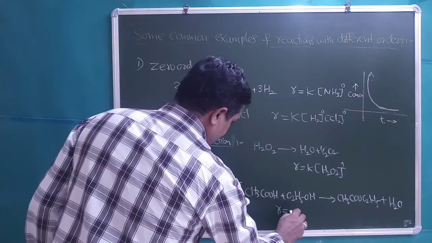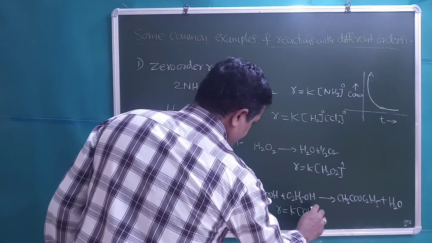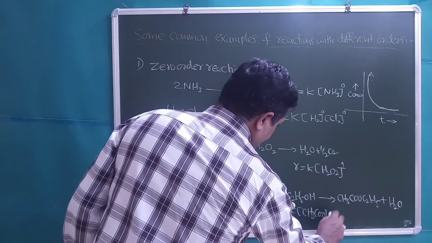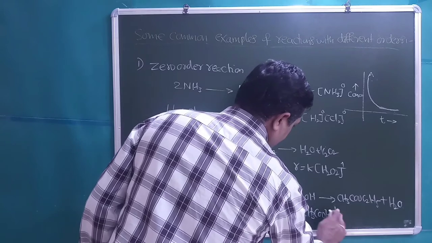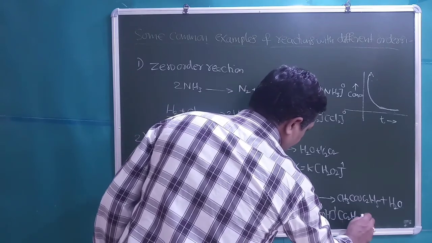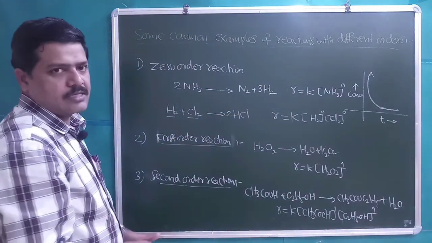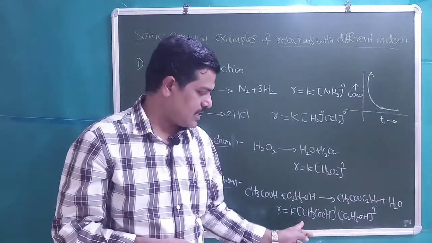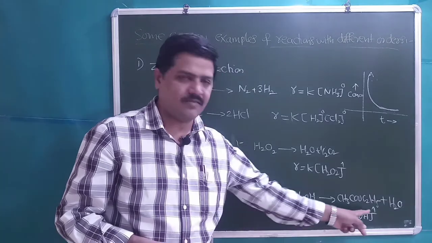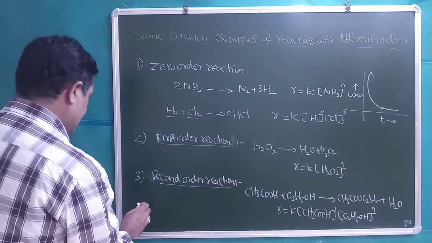Here rate is equal to K multiplied by CH3COOH power 1 and C2H5OH power 1. Here the overall order of the reaction is the sum of the concentration powers in the rate law expression, 1 plus 1, which is second order, right?